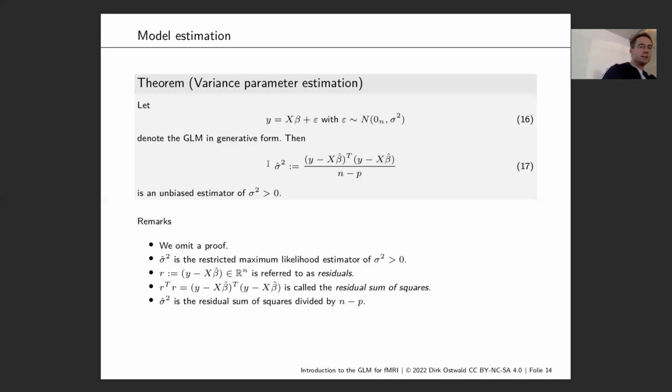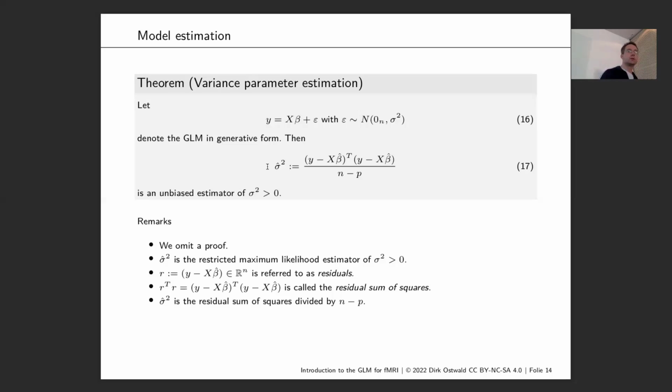This estimator here, it's sometimes hard to find a name for it. Sometimes it's called ordinary least squares estimator. I prefer to call it the restricted maximum likelihood estimator. So a REML estimator, because there's a variant of maximum likelihood estimation called restricted maximum likelihood estimation, which is fairly prominent in brain imaging, and we will briefly see it tomorrow.